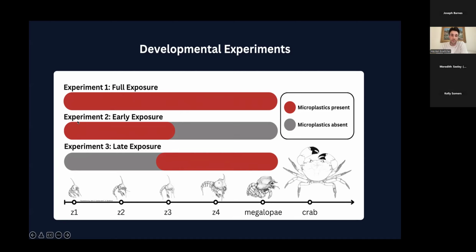The second one was an early exposure treatment. So we had exposure all the way through the start of the Z3 stage, and then we took all of the plastic away and let them continue to develop into megalopae. And then experiment 3, which was the late exposure, was the exact opposite of that. We had them in control conditions at the start and then moved them into microplastic exposure afterwards.